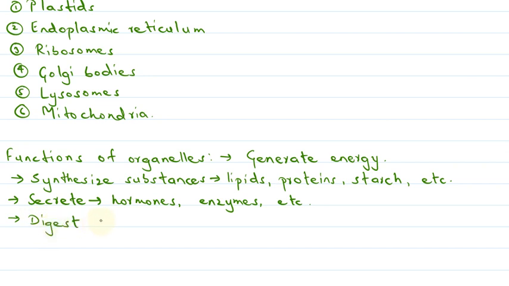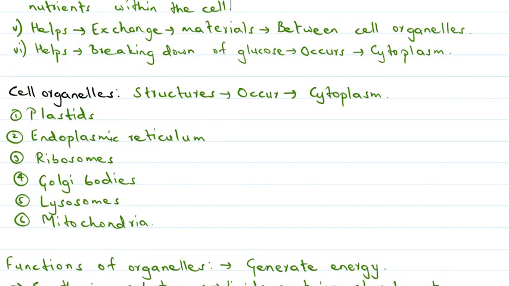So they digest those substances that are taken up by the cell. Alright. These are some of the main functions that are performed by the cell organelles, and we would study each of these cell organelles separately in our next segment of videos.